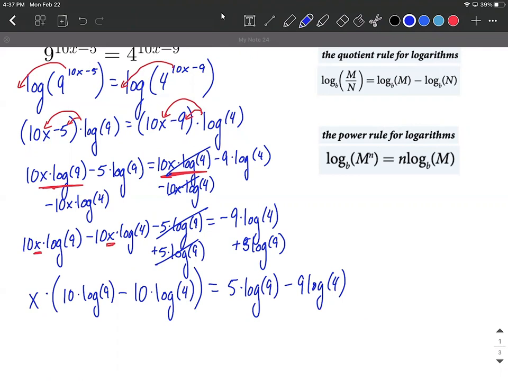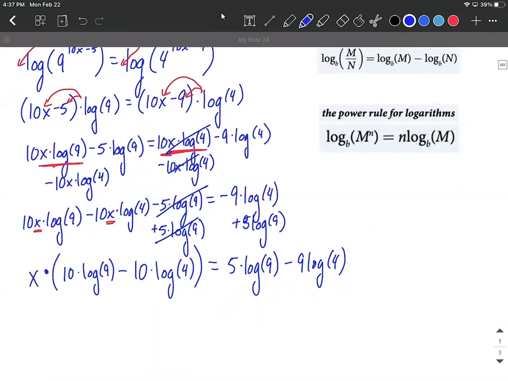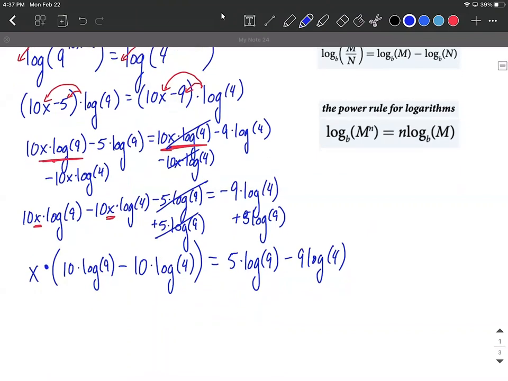is our goal is to get x on one side by itself. And we've created a situation where we have x multiplied by the entire rest of the left-hand side. So to get x all by itself, we need to get rid of that entire big set of parentheses. Because they're connected with multiplication, we're going to use division to accomplish our goal.